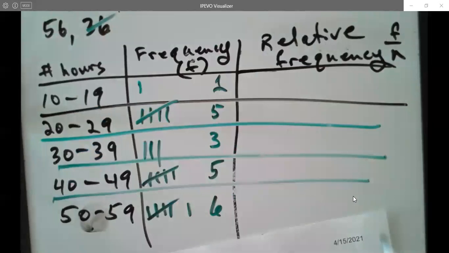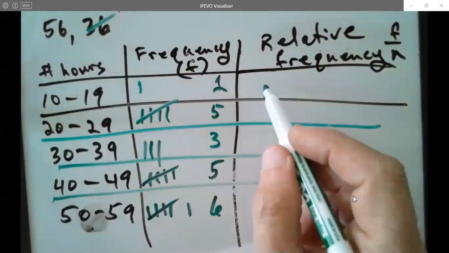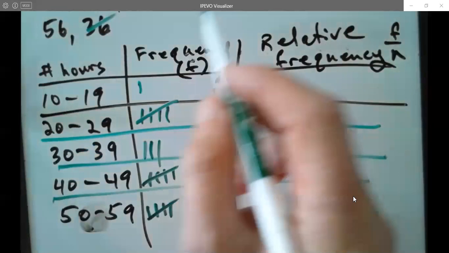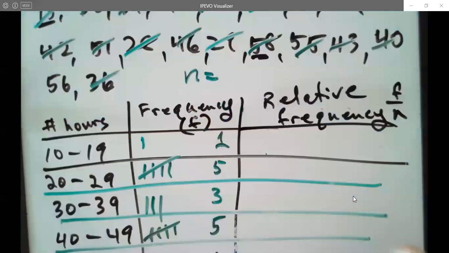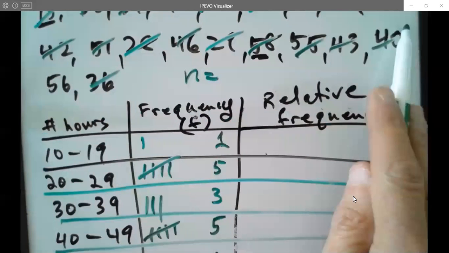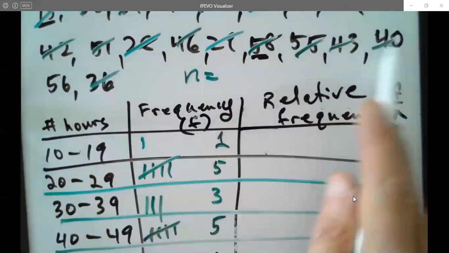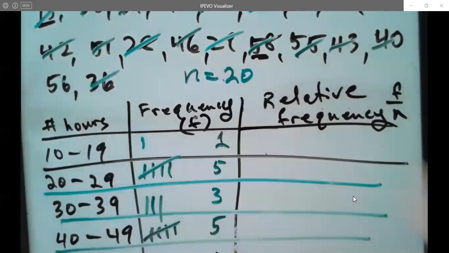So now we do relative frequency, right? We said that N, the total, is 20. If we counted all these up, there's 9 and 9 is 18, 20. So N is 20.